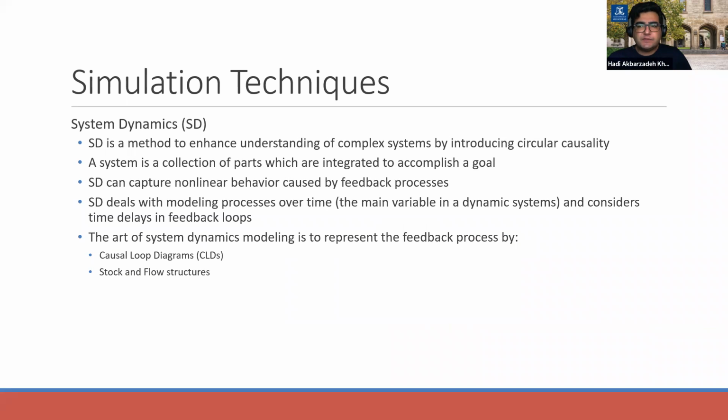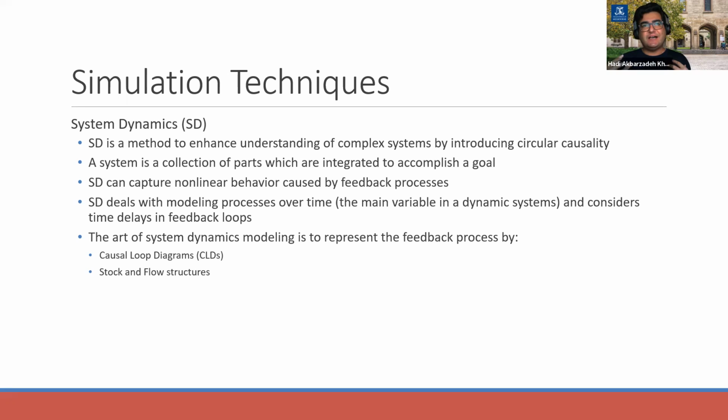Next simulation technique that I'm talking about, that I will explain more in future slides, is system dynamics. System dynamics is trying, again, to understand the complexity of systems based on circular causality, which means not necessarily finding a causal relationship between an independent variable and the dependent one, the response variable.